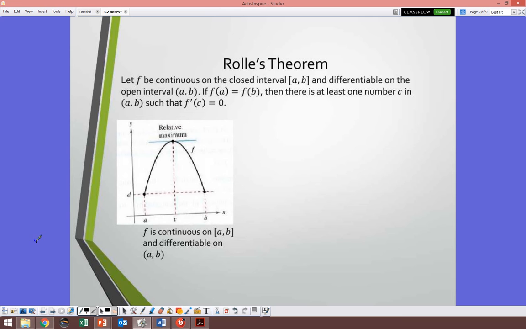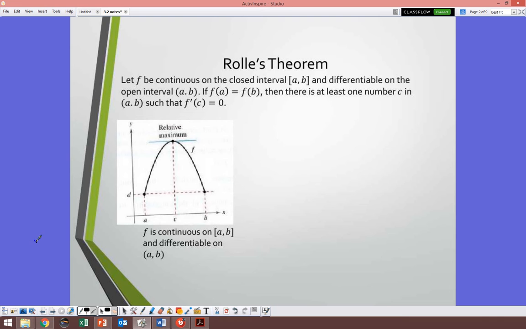Continuous on a closed interval and differentiable, which means I can take the derivative at every point on the open interval, everything except the endpoints. So if f of a is equal to f of b, then there is at least one number c in (a, b) such that the derivative is equal to 0.